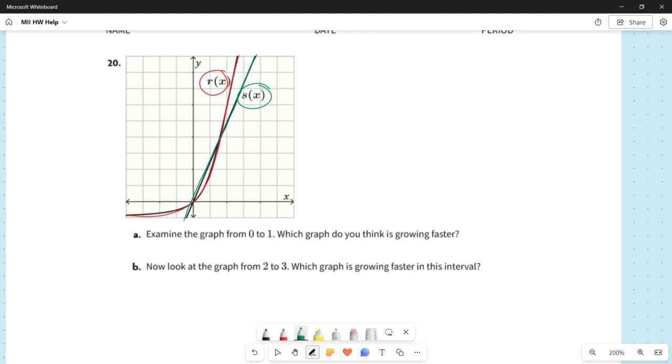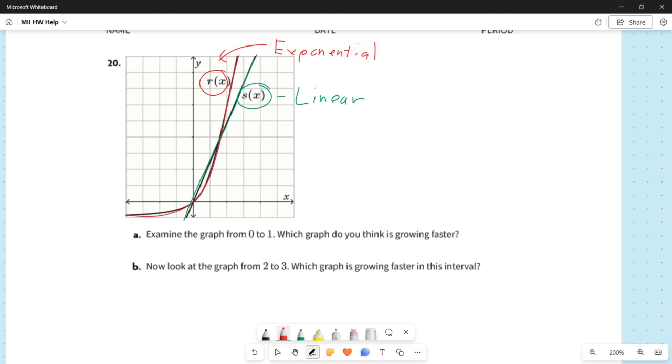These are clearly two different types of functions. One of them, s of x, is a straight line. So s of x is linear, whereas r of x is definitely not linear. And it turns out that r of x is an exponential function.